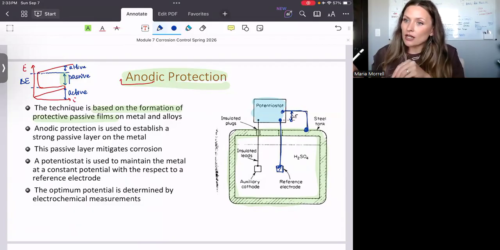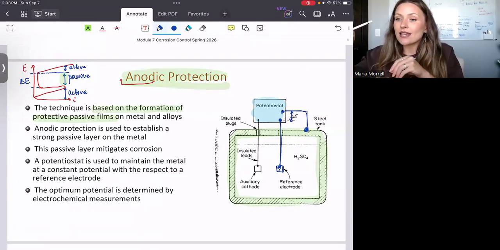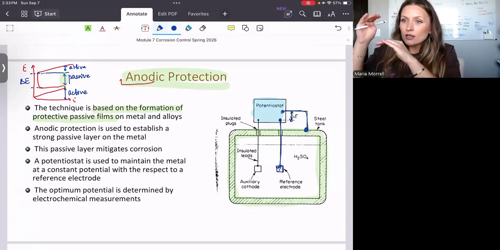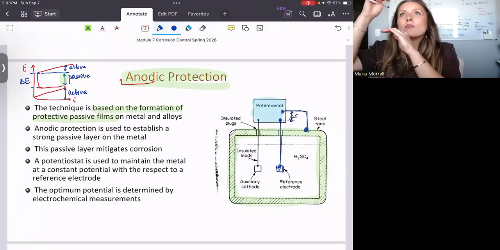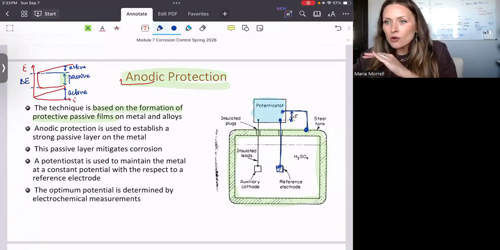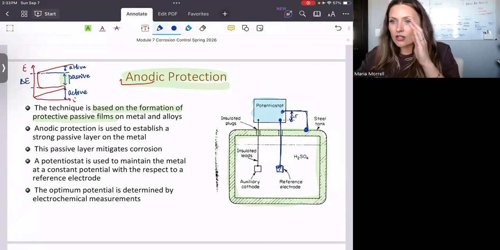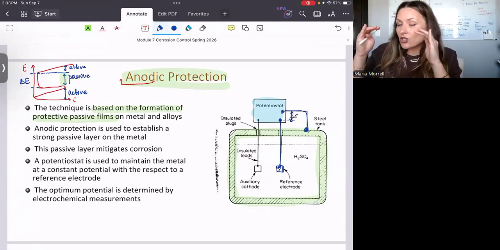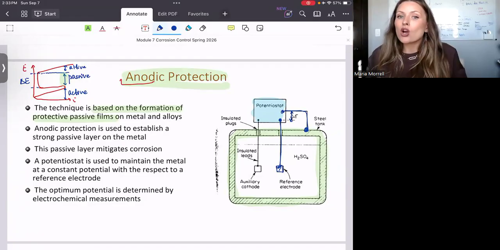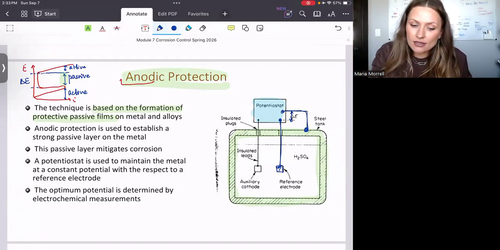It looks at the reference electrode and then it looks at the tank that you want to protect. It measures the difference, then compares it to what is written in the software program, which says you have to be within this range. And then it either lowers the potential or increases the potential. And that's how the steel tank constantly exists within this range right here.